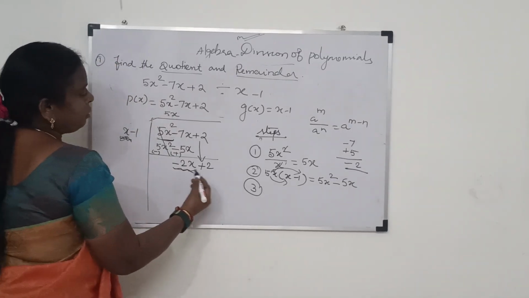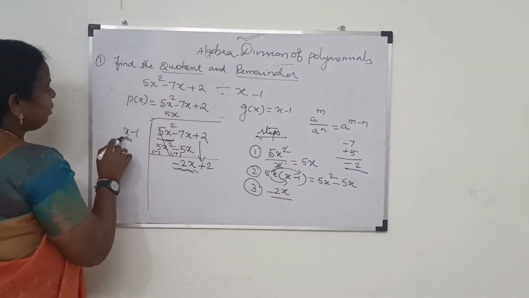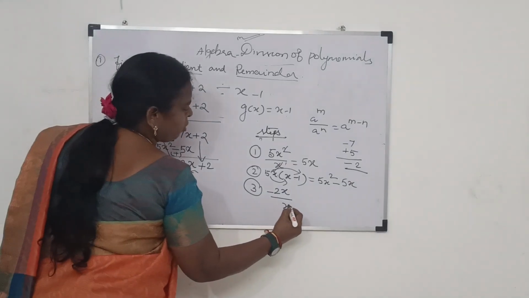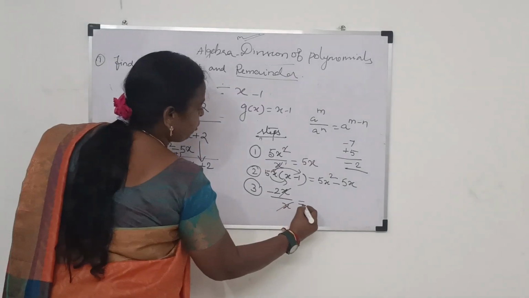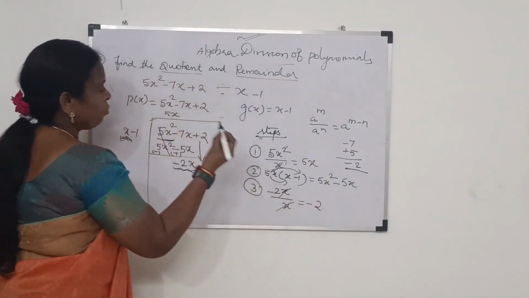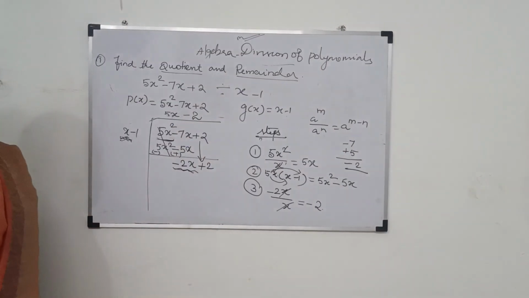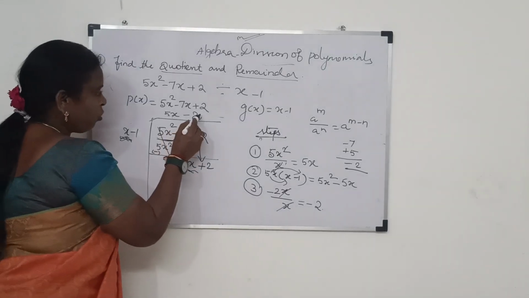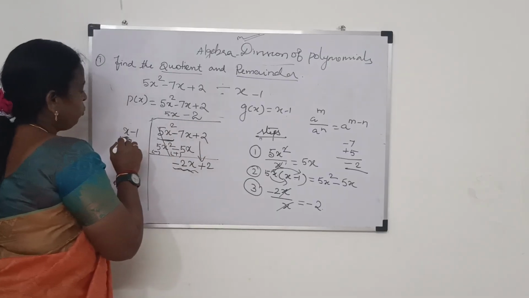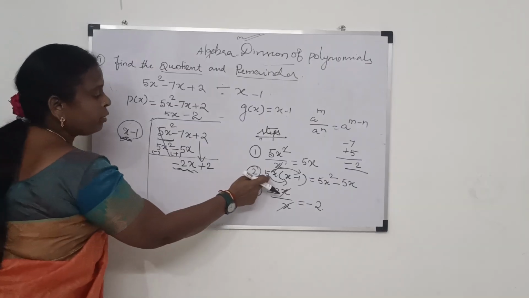So next step: minus 2x divided by x. The x will be cancelled and you get minus 2. That minus 2 should be written in the quotient. What will be the next step? Again, you have to multiply this minus 2 into x minus 1, as we have done already.